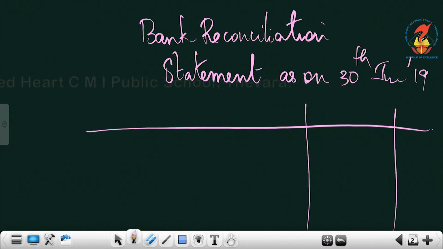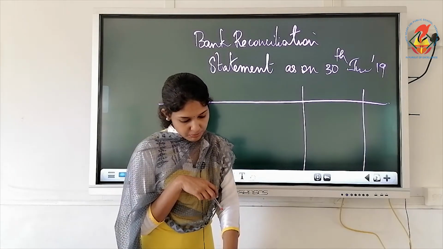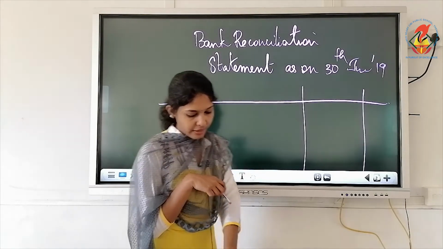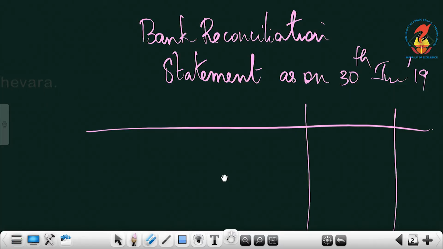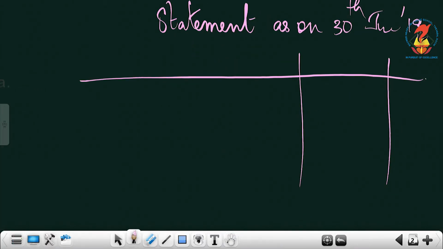You give the column headings, particulars, amount and all. The first one, less item, wrong credit given by the bank. That's how you can write, or just write the question itself.